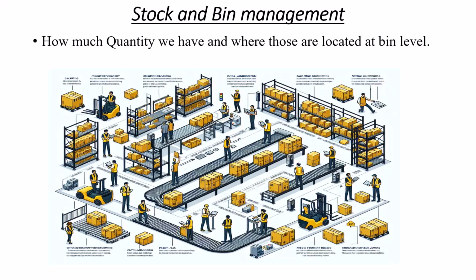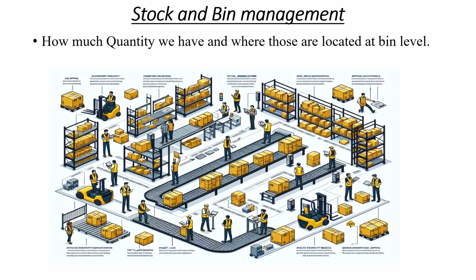For meat you might have freezing zones, so there you place your meat products, and in some other storage you keep other products. There might be specific destinations for each and every product. That kind of stock and bin management is possible with SAP EWM.